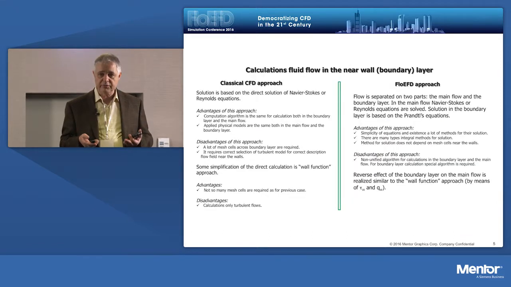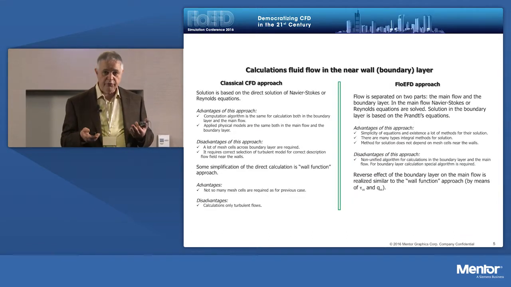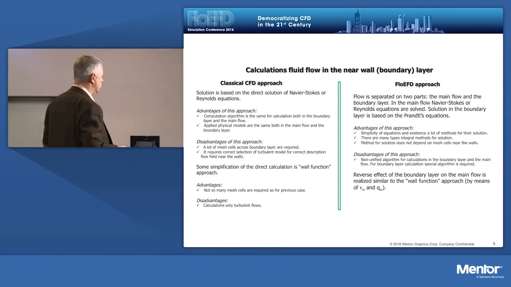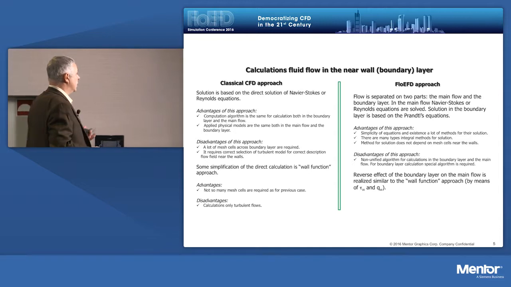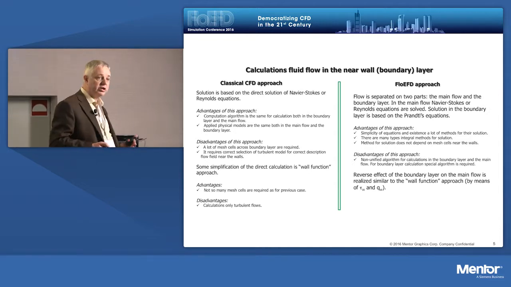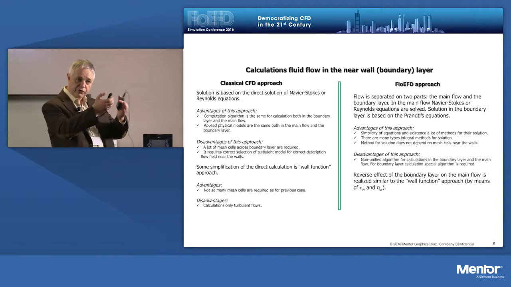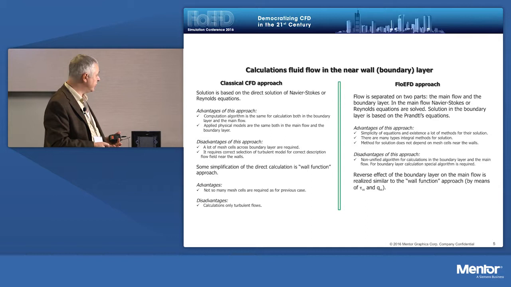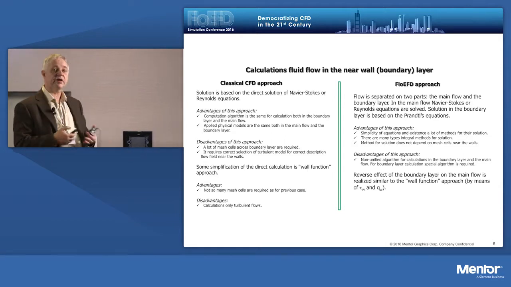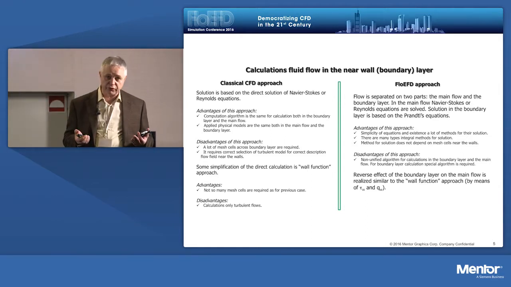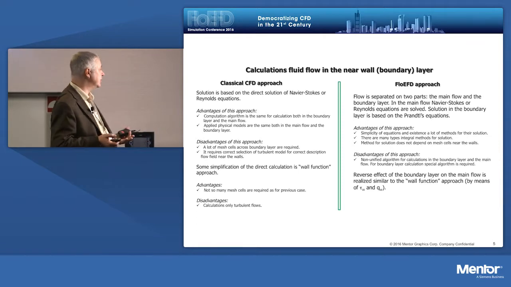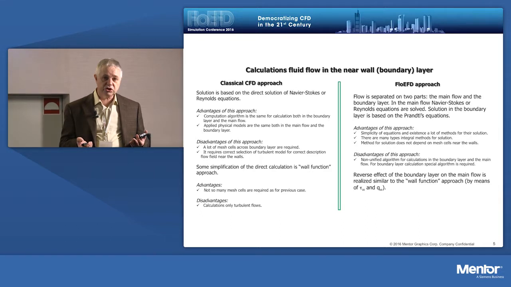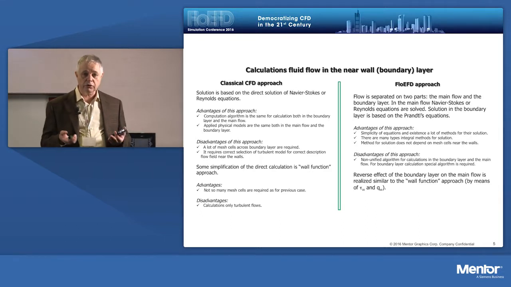Each approach has pluses and minuses. What is the plus of the classical CFD approach? Firstly, the computational algorithm is the same for the flow and for the boundary layer. The physical models, how they are applied, are also the same. It's very good for the computational procedure. What are the disadvantages? The first disadvantage is that it needs a lot of resources.